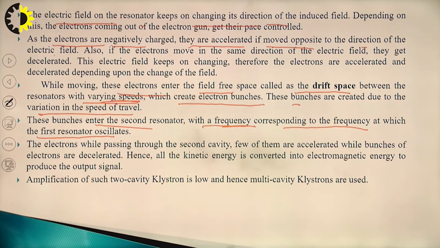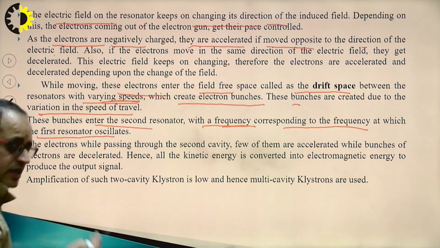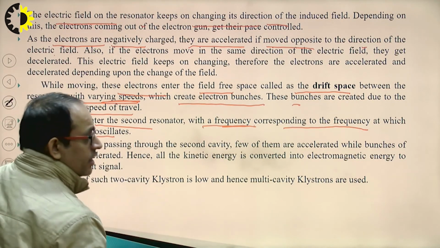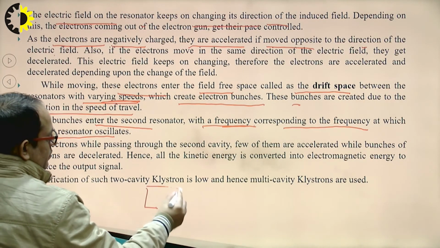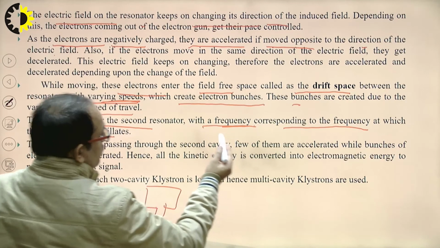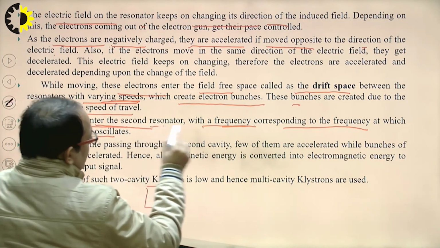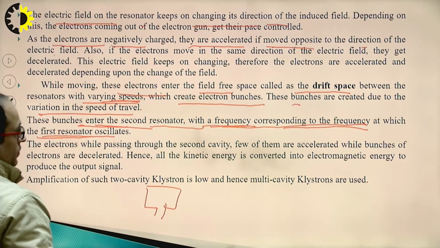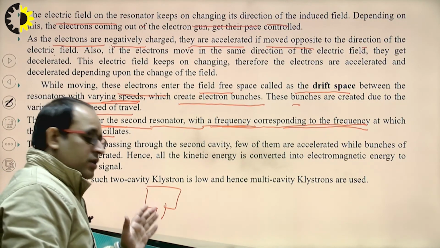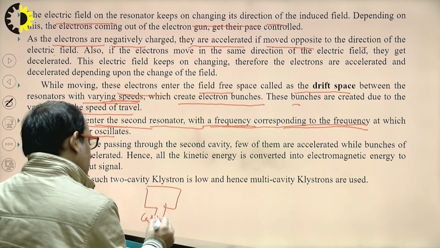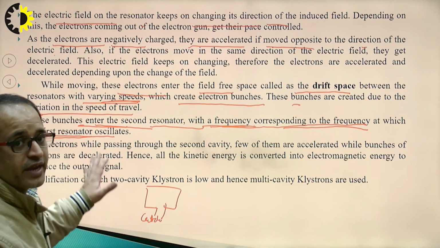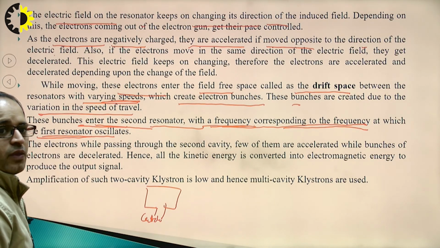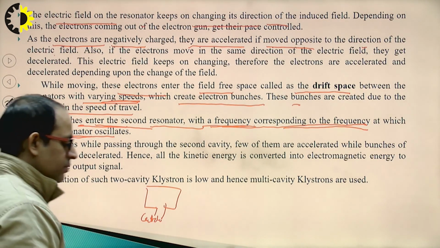In the catcher cavity, when these high speed bunched electrons interact with the retarding field of the catcher cavity, the electron will lose its energy, and the energy will get transferred to what? To the energy of the catcher cavity. When it transfers its energy, the signal becomes amplified.